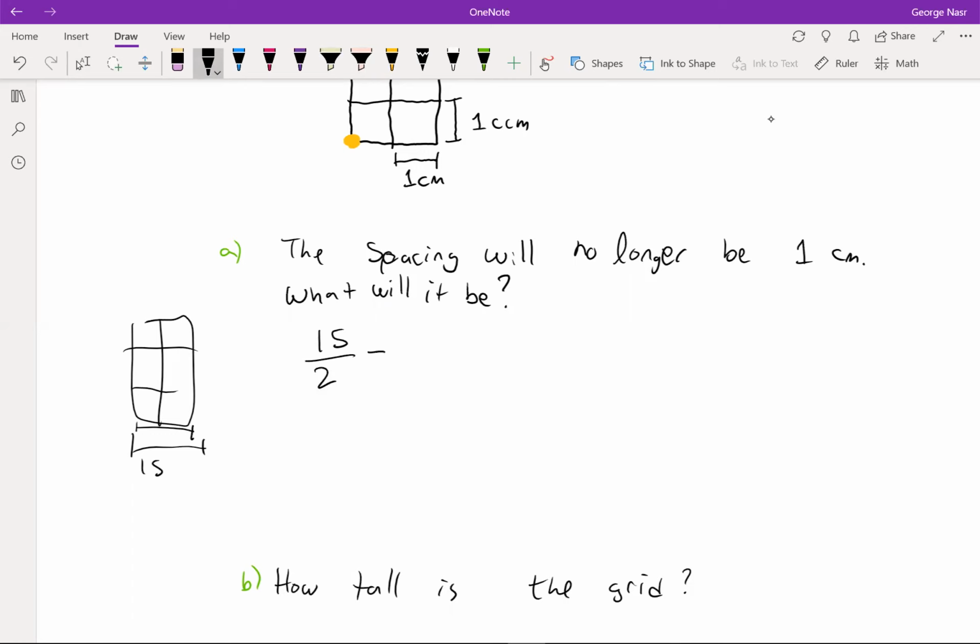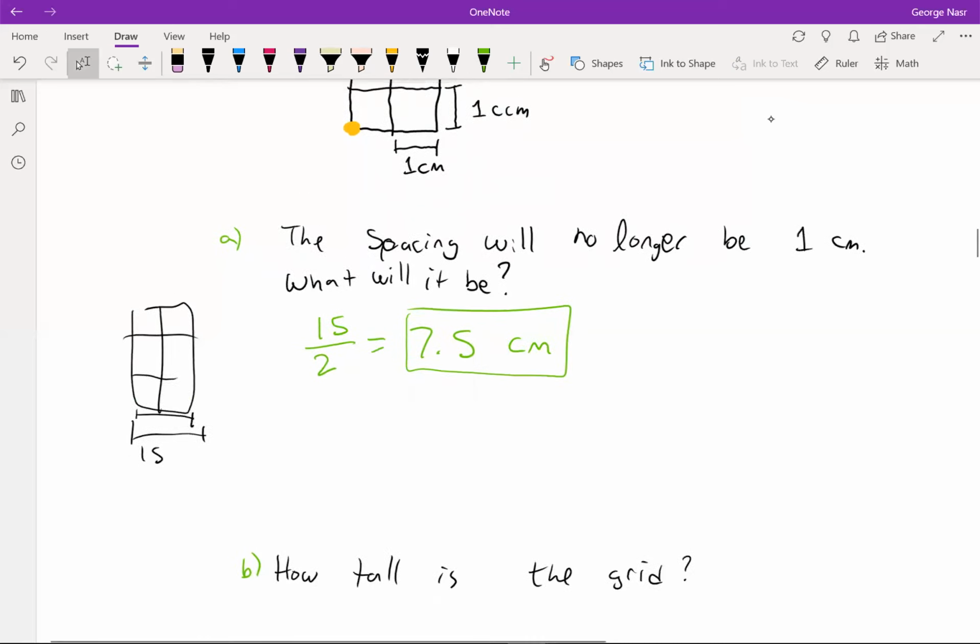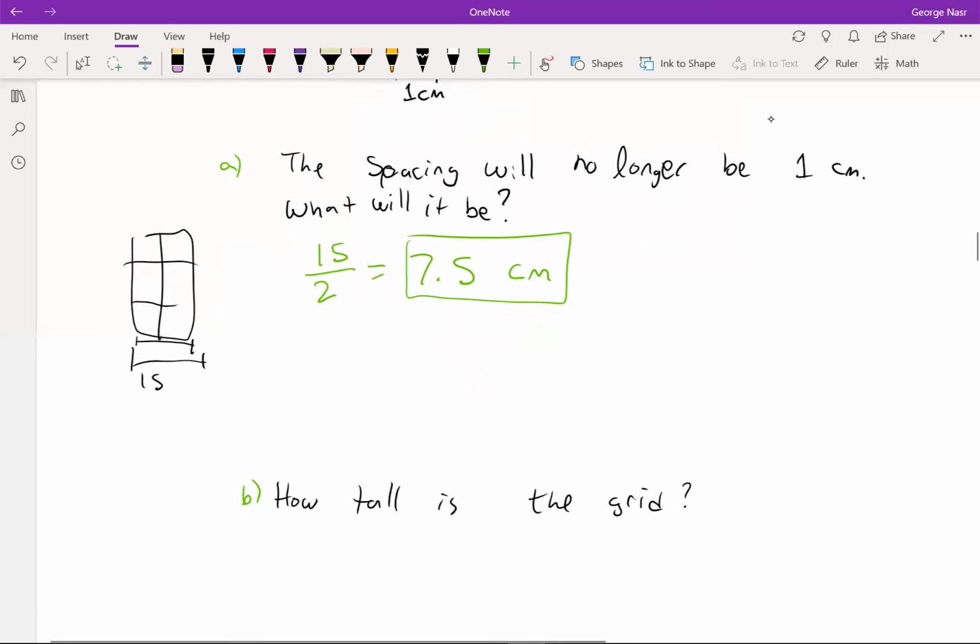So 15 over 2 gives us 7.5 centimeters as the width of your grid. Because if this length here is 15, then I have to break it up over 2 different pieces, okay? You can also think of this as the new length is 15, the old length was 2, and so we scaled that by a factor of 7.5, and so we scale 1 by a factor of 7.5.